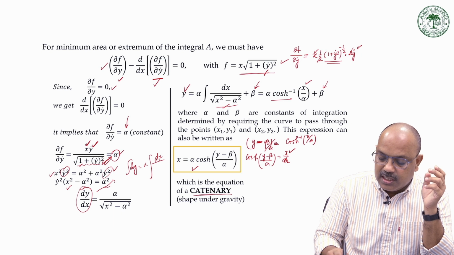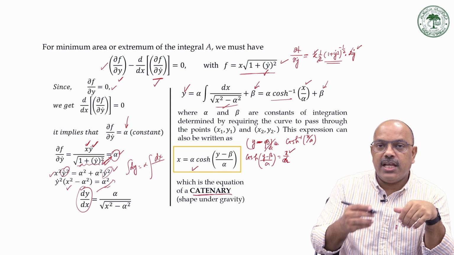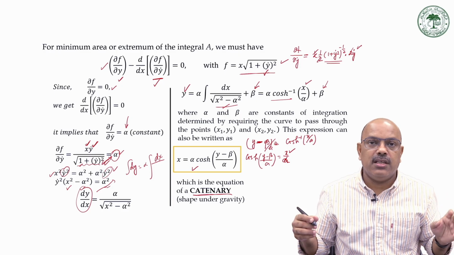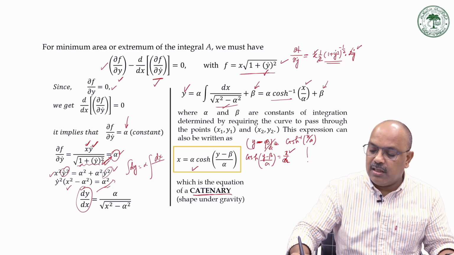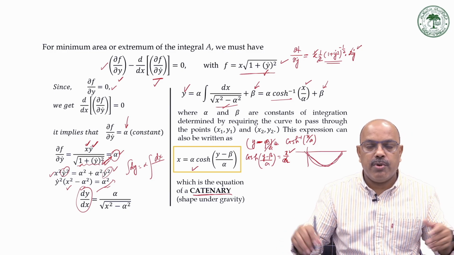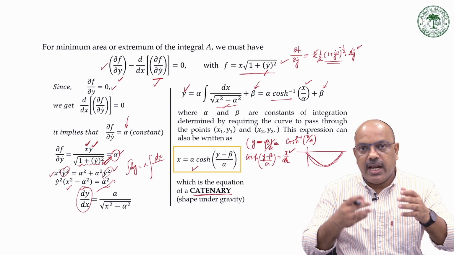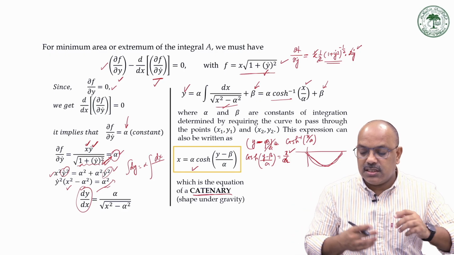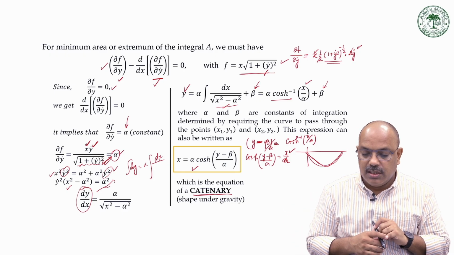A catenary is a shape that, if you hang something from its two points, then under the action of gravity it always hangs like this, whether it is a chain or rope, whatever the gravity is acting on. This is the form of the catenary.